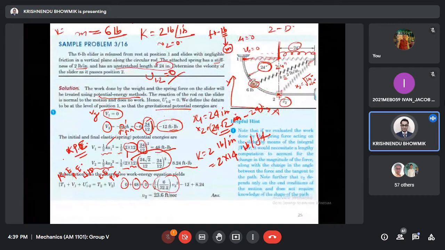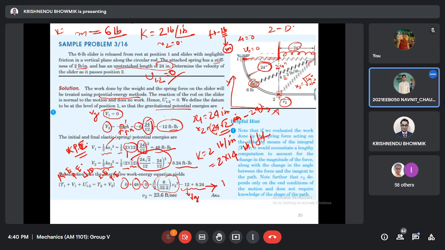Now this is 0. Then this is the kinetic energy, and this one is Vg, and this one is the potential energy.